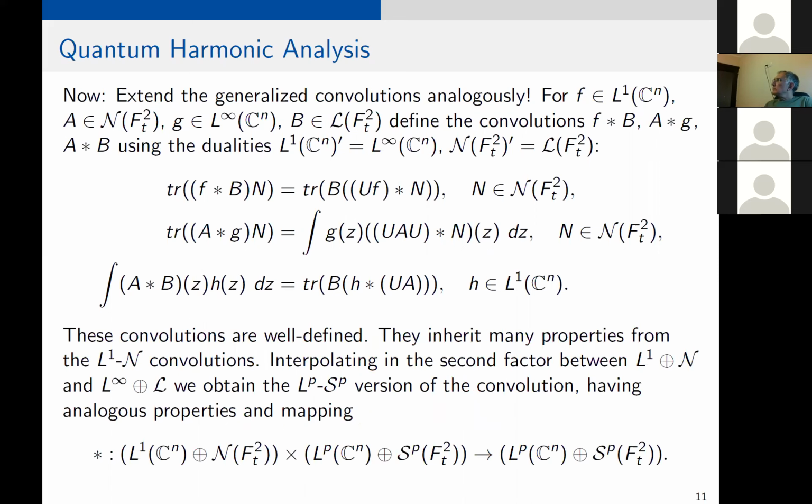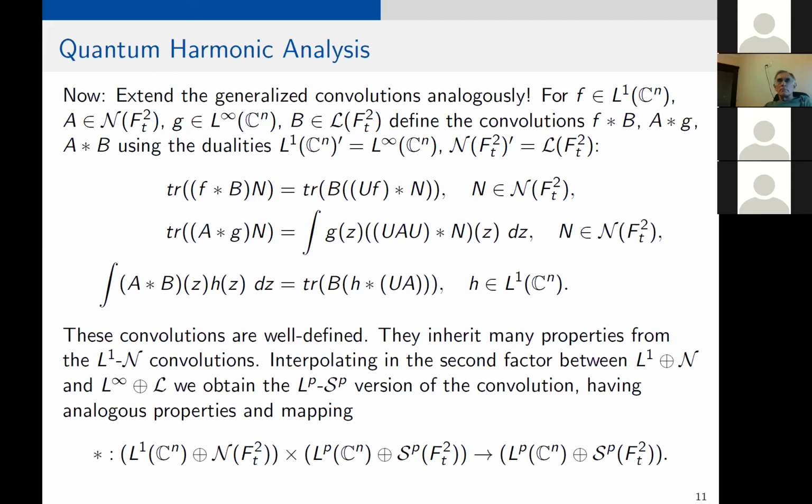And just as a side note, in the classical convolutions, you are not restricted to the second factor being integrable or L infinity. You can also have the second factor being in LP for any p, and then you get a convolution from L1 times LP to LP, and you get the same thing here. This is not the most important point, so I'll just give a short remark on this.